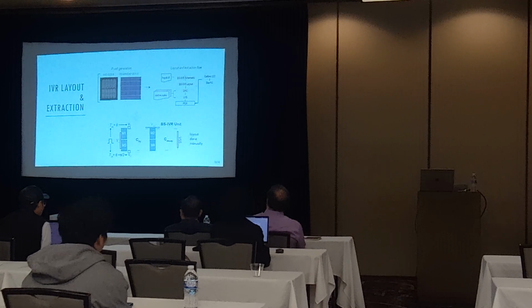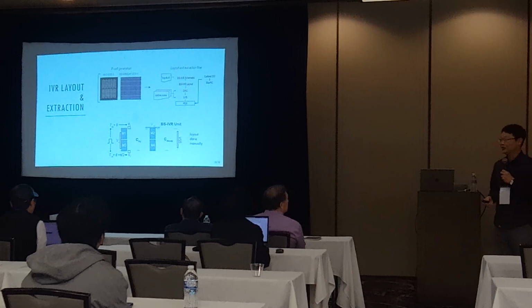Here you will see the actual layout. We did it manually, and if it's helpful, we may try to automate the layout generation itself. But for now, we spent 2 weeks doing this layout manually.